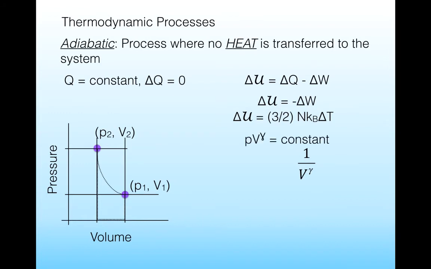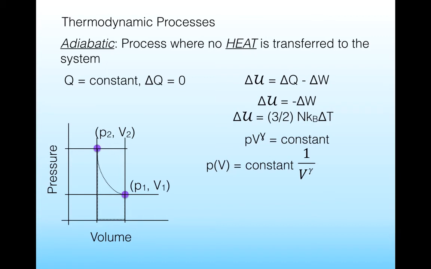Putting this all together and doing a lot of math, we can find that the pressure times the volume raised to a power of gamma is a constant. That means that we can rewrite the pressure as a function of volume, which is just equal to that constant, whatever it may be, divided by volume raised to the gamma power.